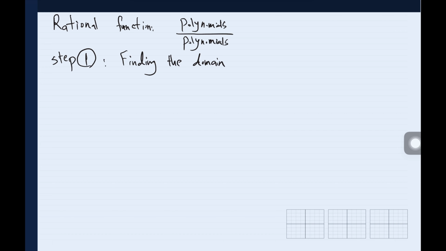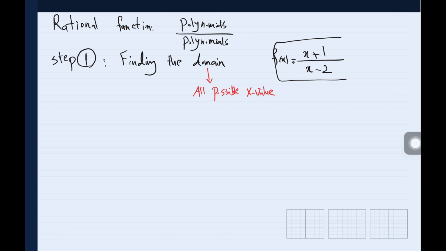For example, if I have f of x equals x plus 1 divided by x minus 2, the domain, as we all know, is all possible x values. So what kind of values are we allowed to take for this x in this function?